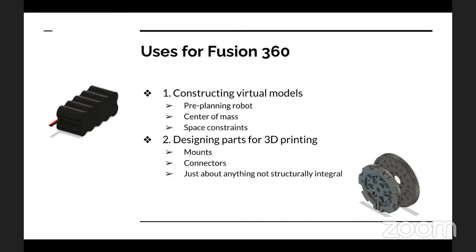And then also finding if there are any space constraints so we can easily move around the components on our virtual robot, which will help us plan with our real robot. Secondly, the second use for Fusion 360 is to design parts for 3D printing. These parts include mounts, connectors, and just about anything that you need that you don't have an actual part that you can order online.